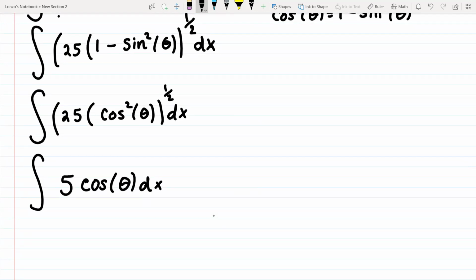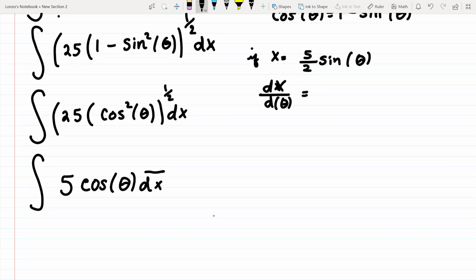Okay, then what I could do is, I guess we gotta put it in terms of theta, so I have to somehow change this dx to a theta. So if we said that x equals 5/2 sine theta, right? What would be dx? dx over d theta would be the derivative of 5/2 sine theta, which is 5/2 cosine theta, right?